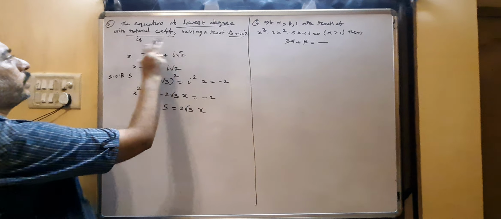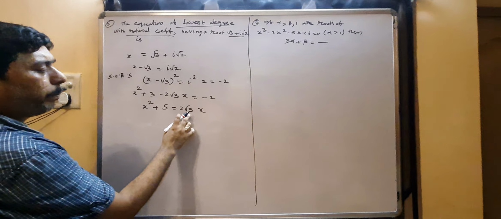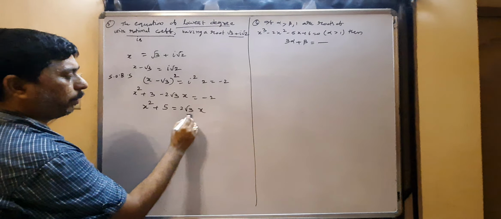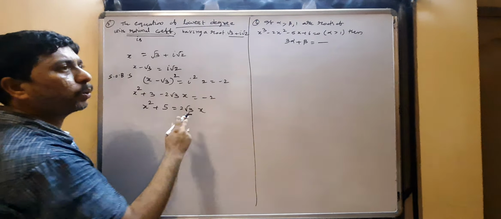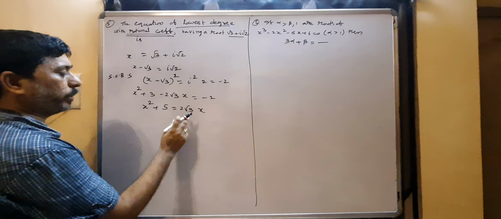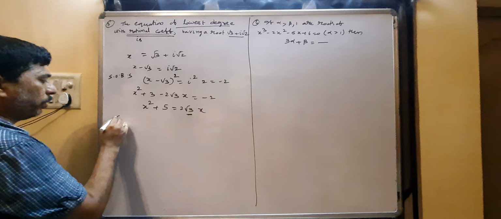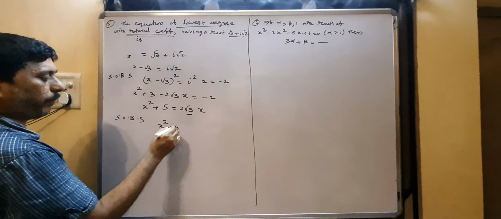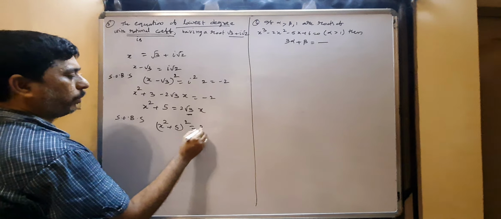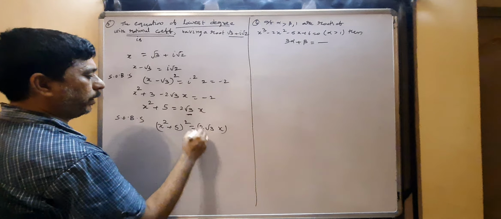They ask for the lowest degree with rational coefficients, but we have the irrational coefficient here. Root 3 is irrational, so you want to eliminate the irrational coefficient, means squaring on both sides again. x square plus 5 whole square equal to 2 root 3 x whole square.